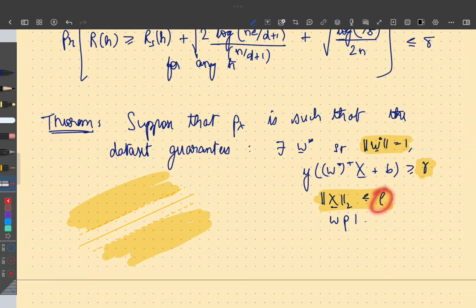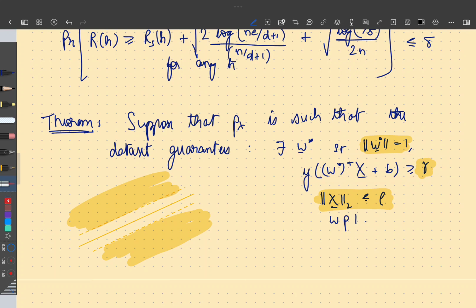And this particular requirement that the L2 norm of x is less than or equal to rho is also equally important. That is because if I only guaranteed the margin, then I could scale the data set arbitrarily, which would also increase the margin.